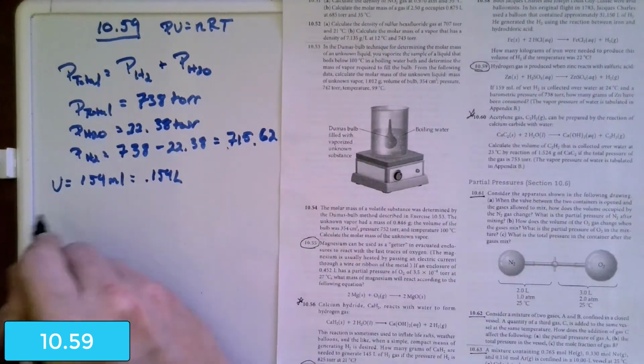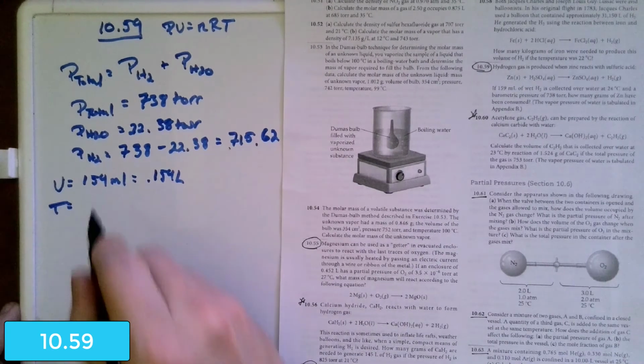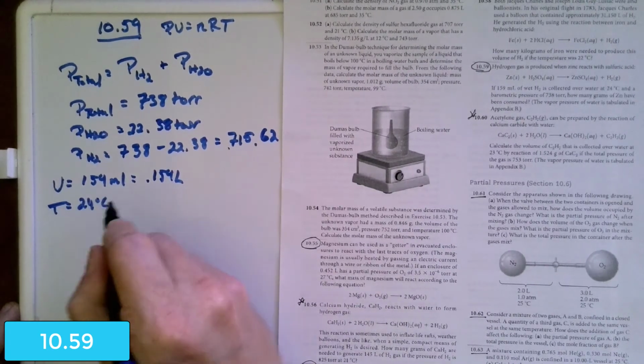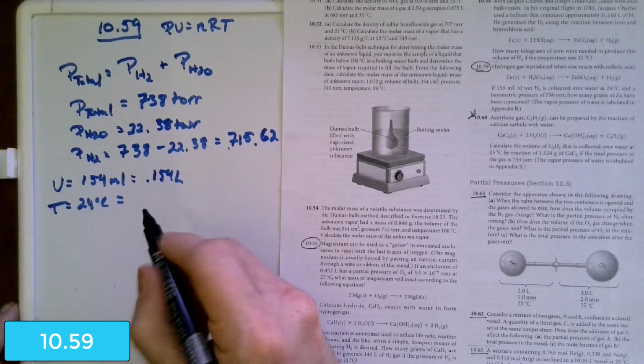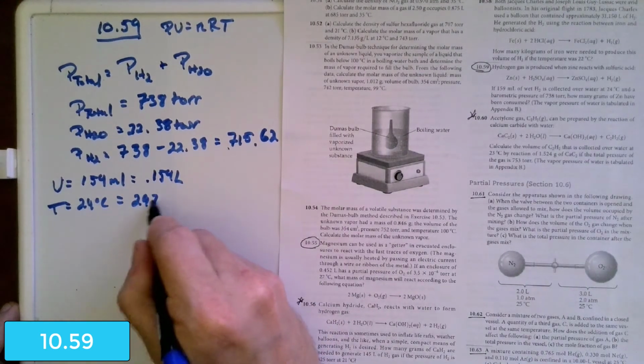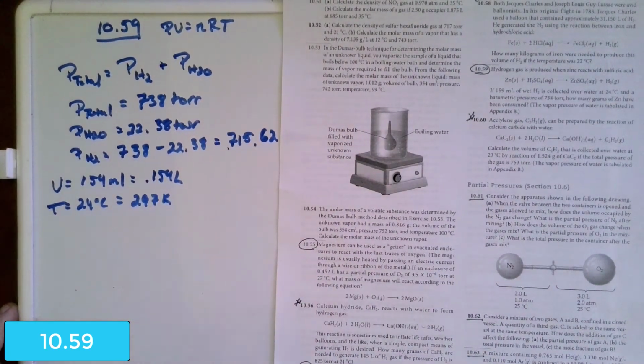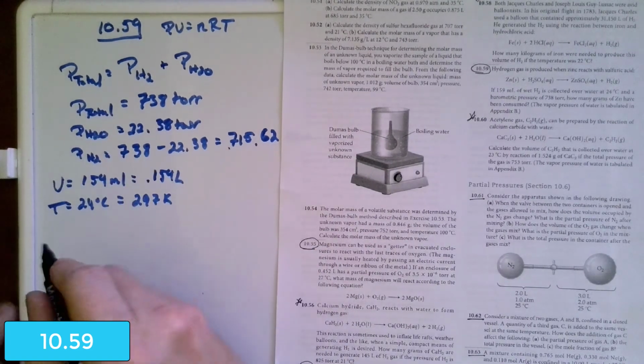I can also see the temperature. It was 24 degrees Celsius. A quick conversion to Kelvin results in a temperature of 297 Kelvin. I know I'm going to need an R value at some point.